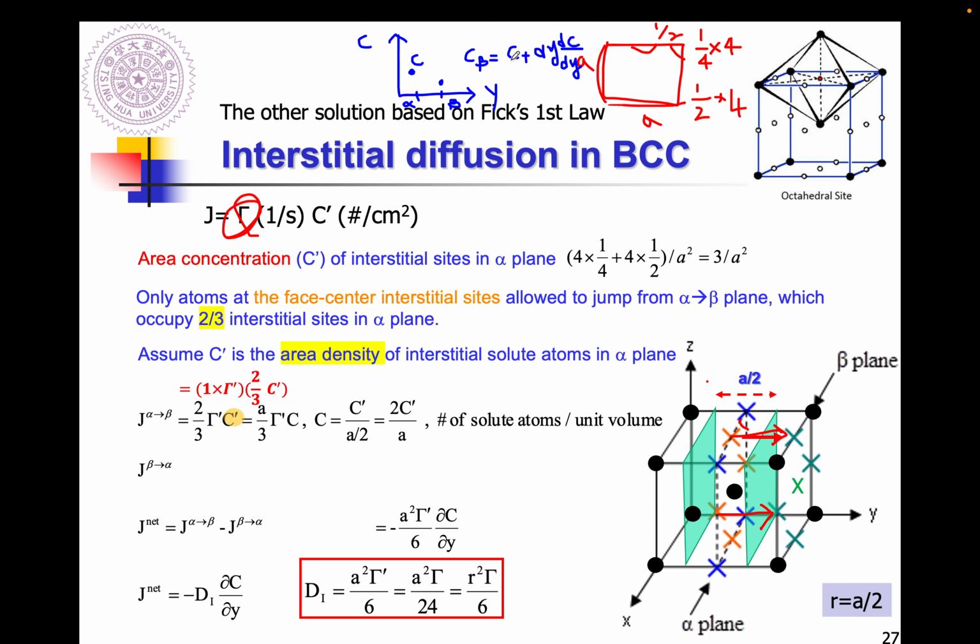So C plus dC, the change in concentration. So what's the dy here? dy is the distance between alpha and beta, so it will be a divided by 2. Alpha and beta, so it will be a divided by 2. And this is the concentration gradient, partial C, partial y.